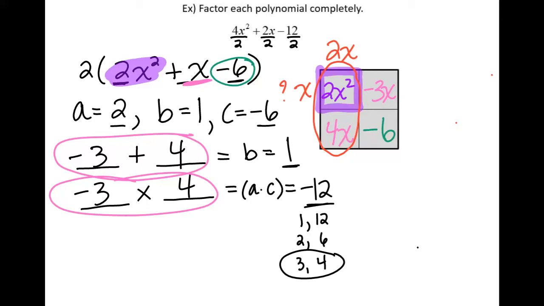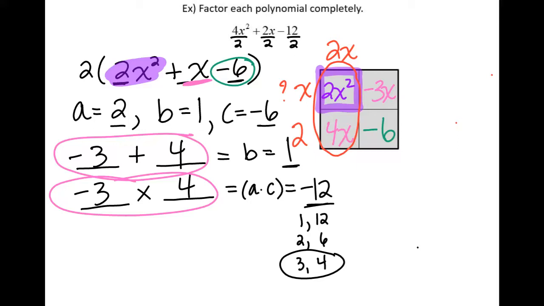And then for this next side over here, I need to figure out 2x times what would give us a 4x. So I need a 4, that's a 2. So 2 times what would give me a 4? A 2. And I have an x. I don't need any more x's, so it's just a 2 on the side.